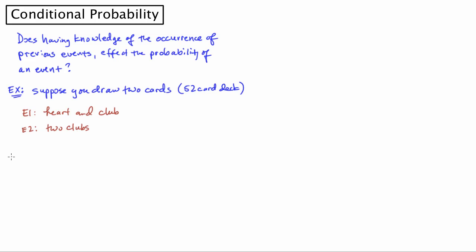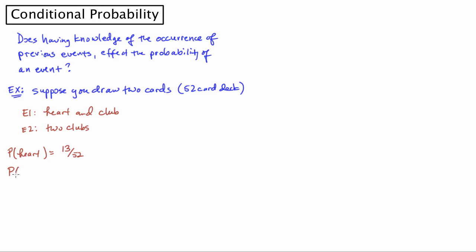Alright, let's break down event 1 first. If I look at a heart and then a club, the probability of a heart is easily 13 out of 52.